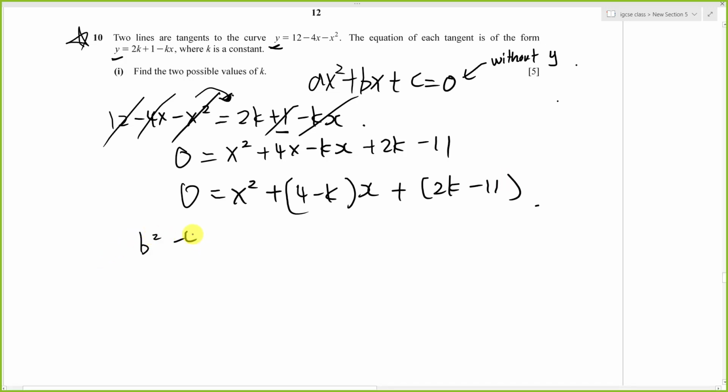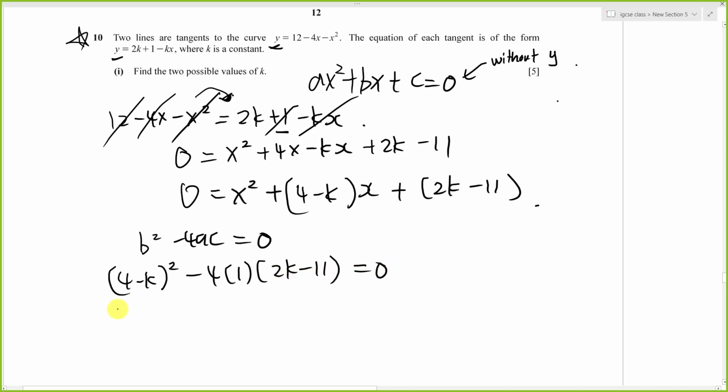Now I do b squared minus 4ac equals 0 to find my two possible values of k. Expand it: 16 minus 8k plus k squared minus 8k plus 44 equals 0.